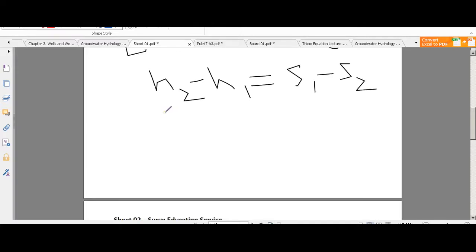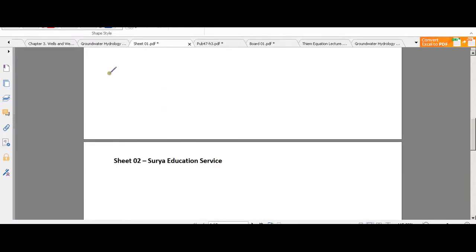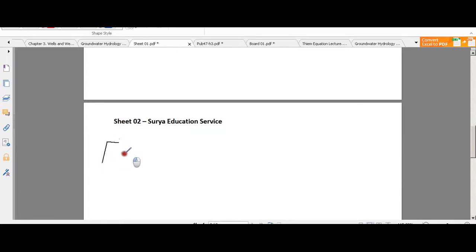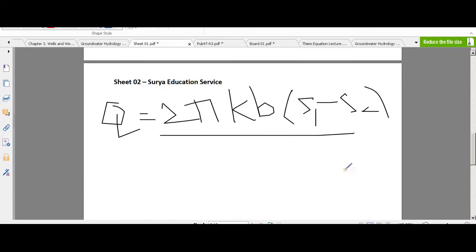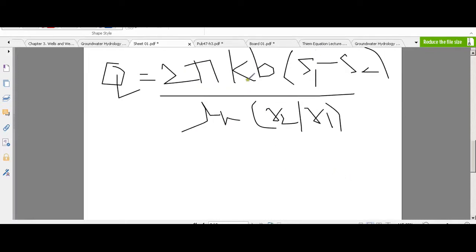Again we rewrite this equation: Q equals 2 pi K B times S1 minus S2, divided by ln of R2 divided by R1.